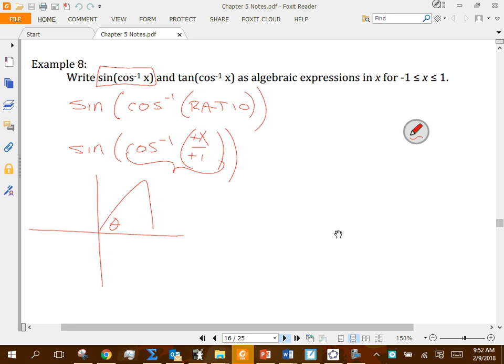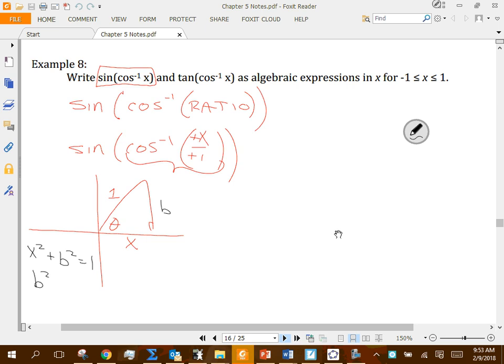Well, cosine is adjacent divided by hypotenuse, right? You have two sides of a right triangle there. And with two sides of a right triangle, you can always find the third side. All right, so we can say x squared plus, let's just let this be our unknown, I'll call it b, plus b squared is equal to 1 squared, right?